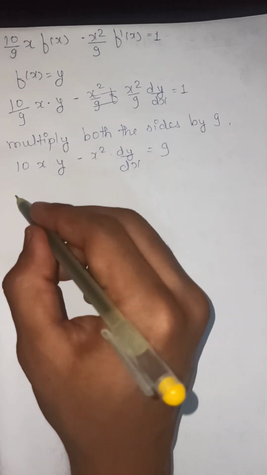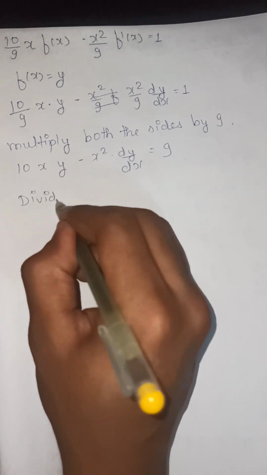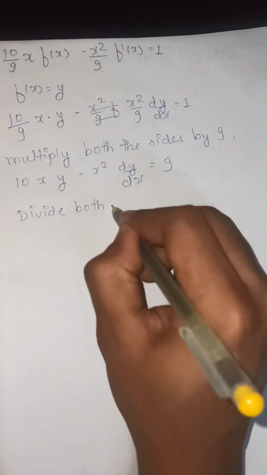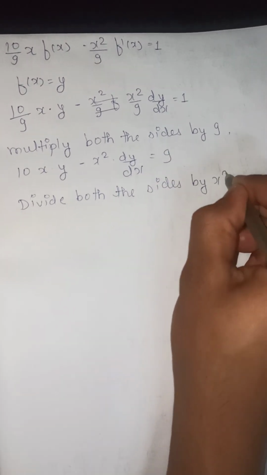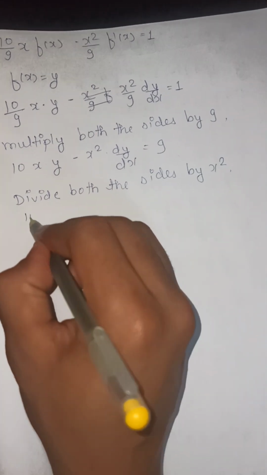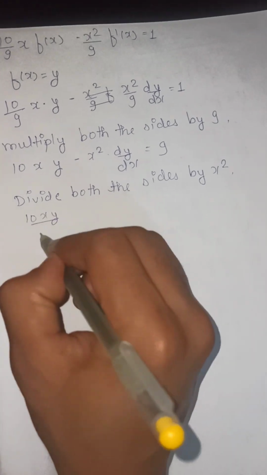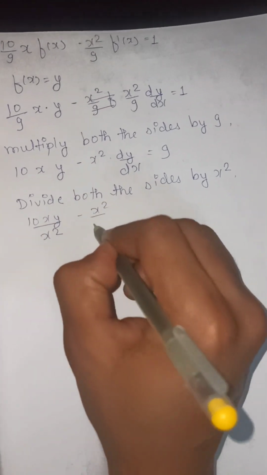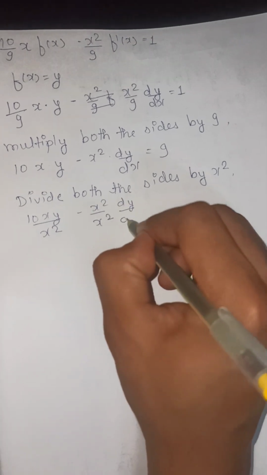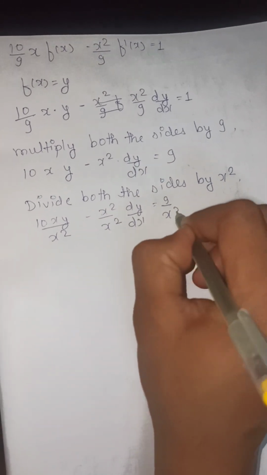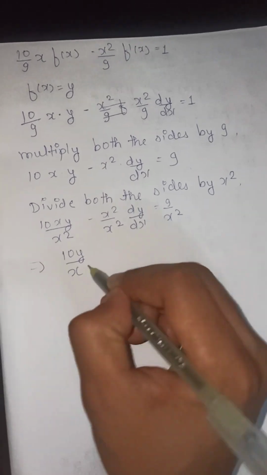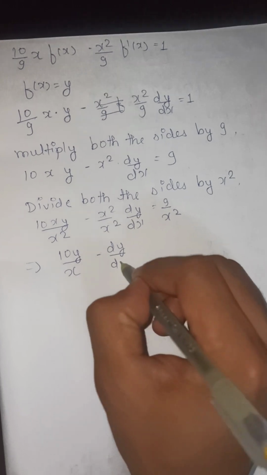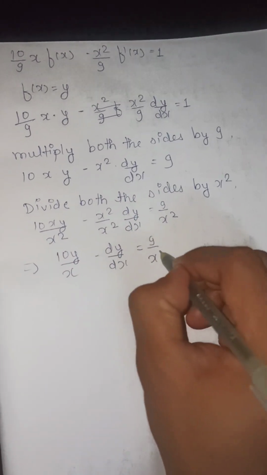Okay, so now you may just divide both the sides by x squared. By doing this, you'll get 10xy upon x squared minus x squared upon x squared dy by dx equal to 9 by x squared. This will further simplify to 10y upon x minus dy by dx equal to 9 upon x squared.